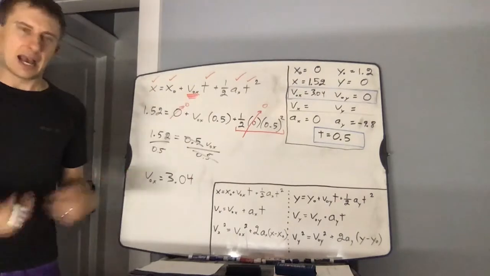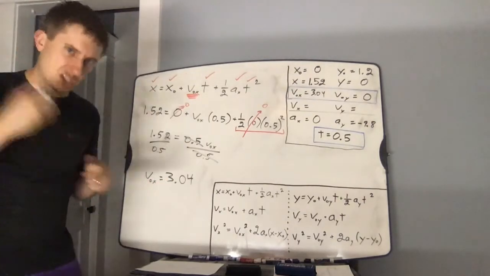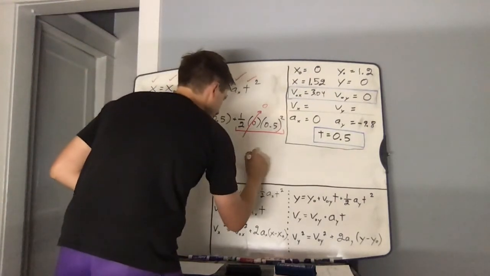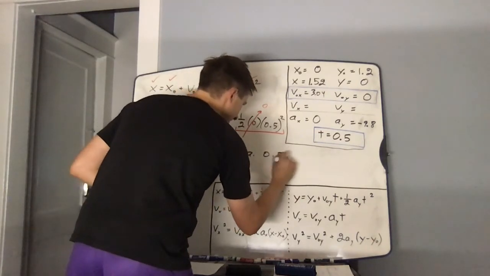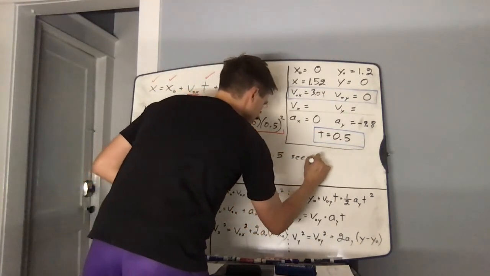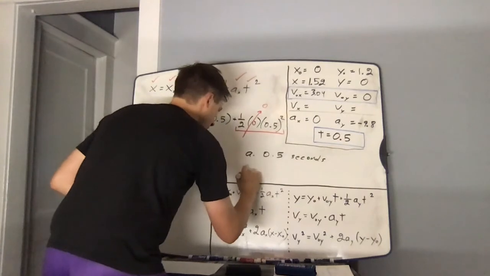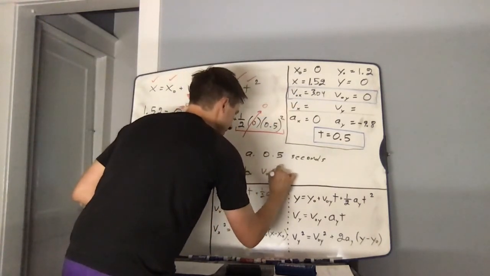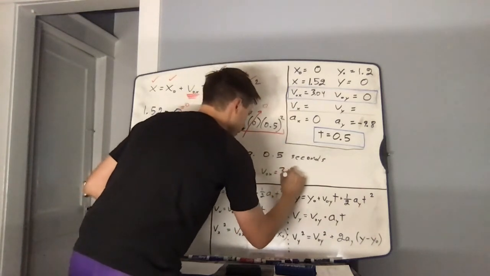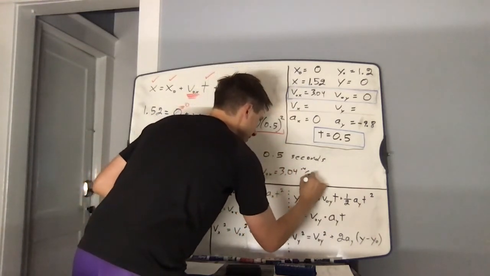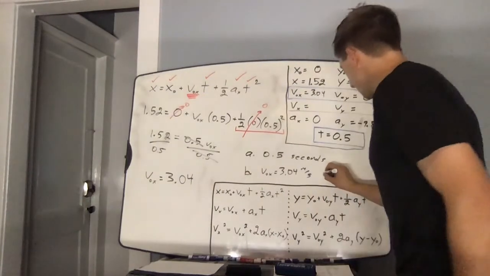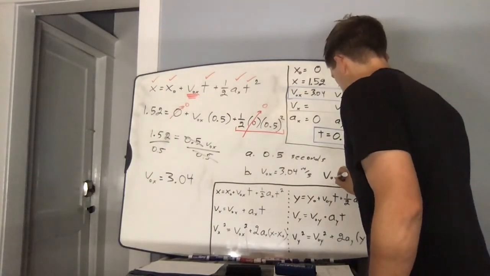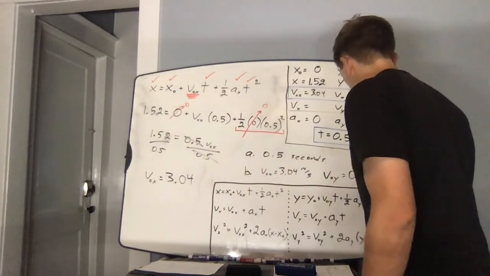So at this point, I am done with the problem. The answer to part A is 0.5 seconds. And the answer to part B is v initial x is 3.04 meters per second, and v initial y is 0 meters per second.